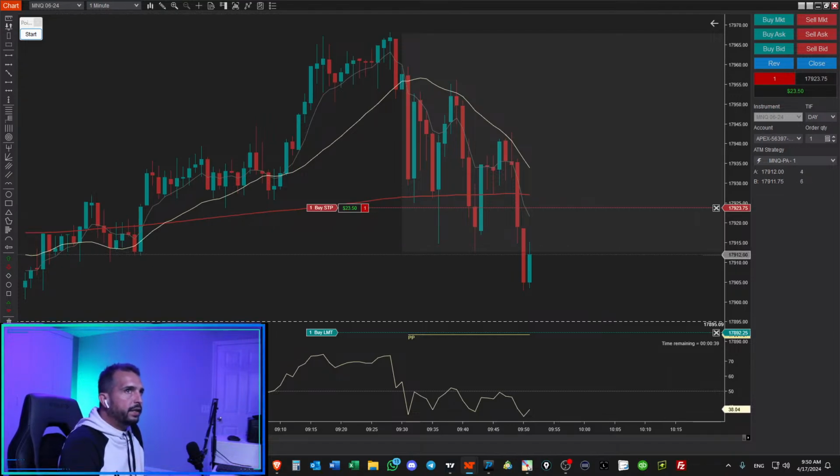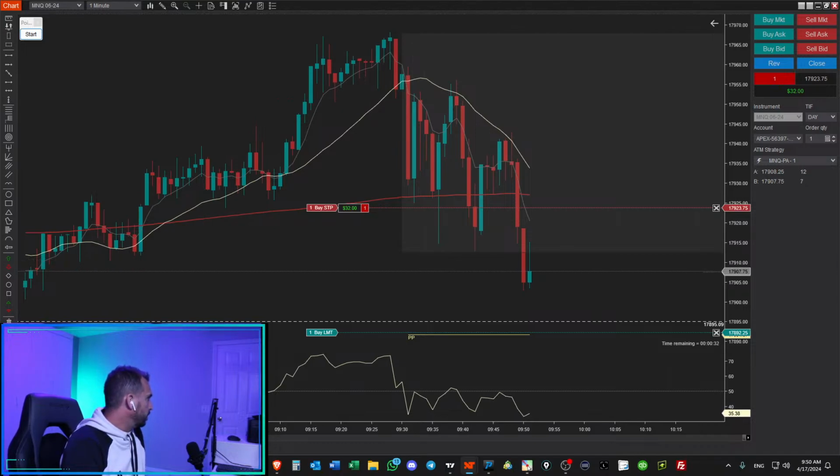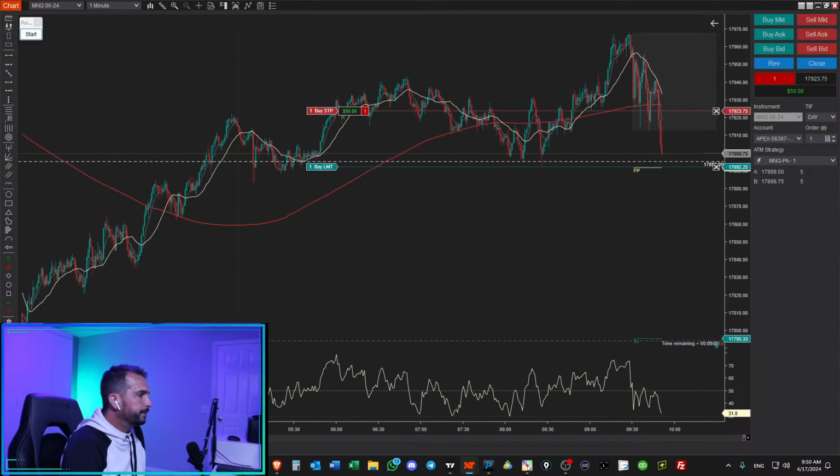US NASDAQ is sitting on a VWAP now. If it breaks the VWAP, then a lot of downside. It's sitting on the VWAP, right here. Take our target and fly by.